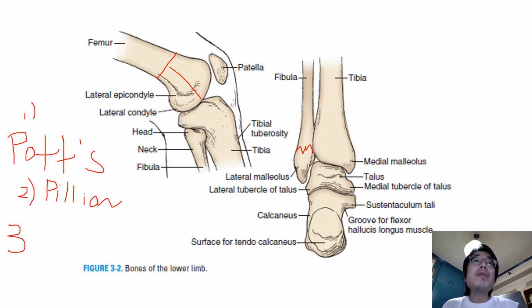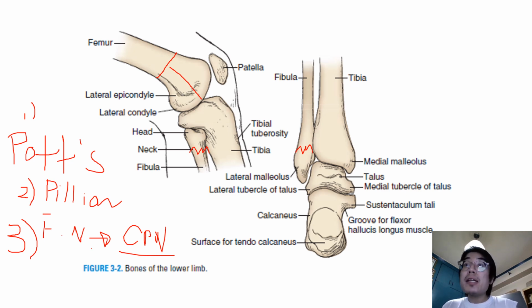A third important fracture is a fracture of the fibular neck, as is demonstrated here. A fracture of the fibular neck can cause injury to the common peroneal nerve. This is significant because paralysis can result in all of the muscles in the anterior and the lateral compartments of the ipsilateral leg, as these are supplied by the common peroneal nerve.